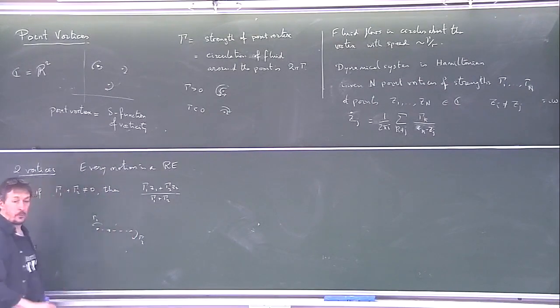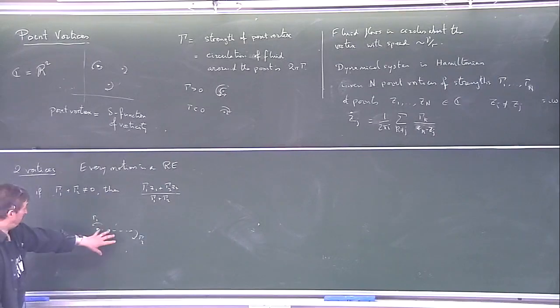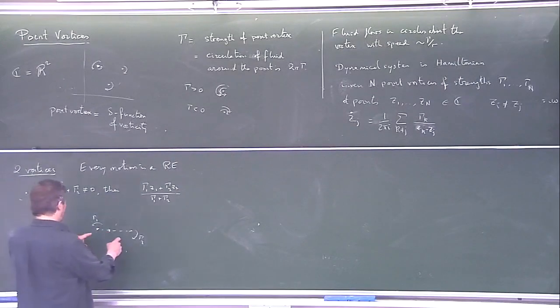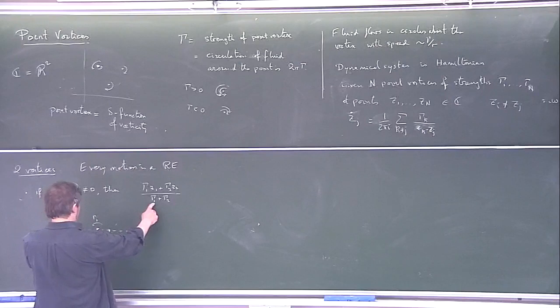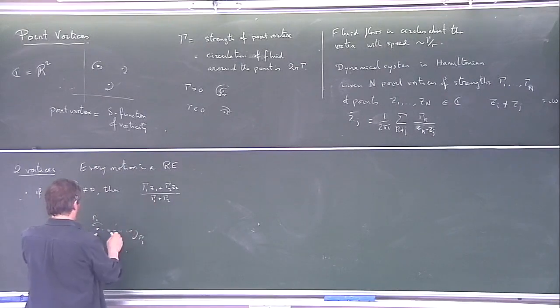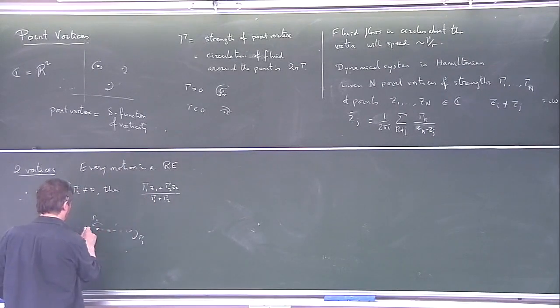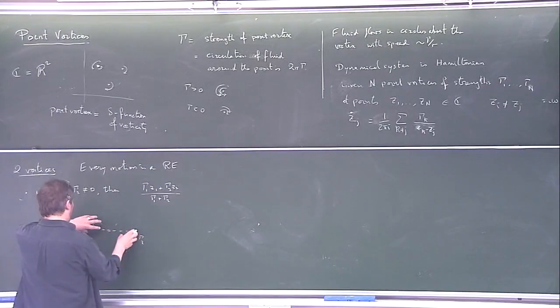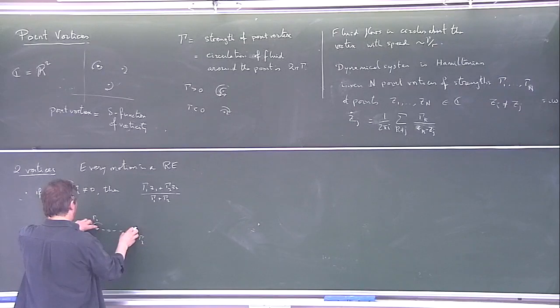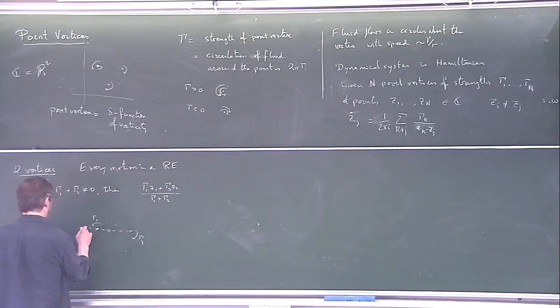So that's some point. If gamma 1 and gamma 2 are, oh, I've drawn them with opposite signs. So here, let's say, well, it depends which is bigger. Let's call this C.